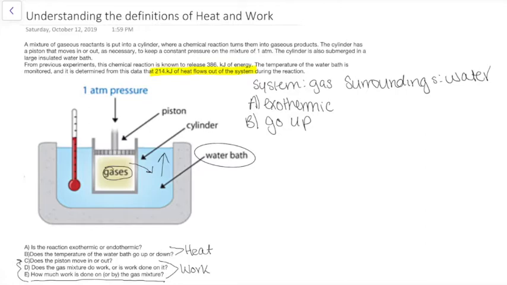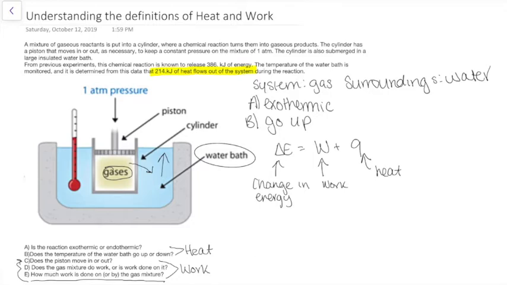So we want to use that equation that we learned in class, delta E equals W plus Q. This was our equation for the relationship of heat and work, where delta E stands for the change in energy, W stands for work, and Q stands for heat.